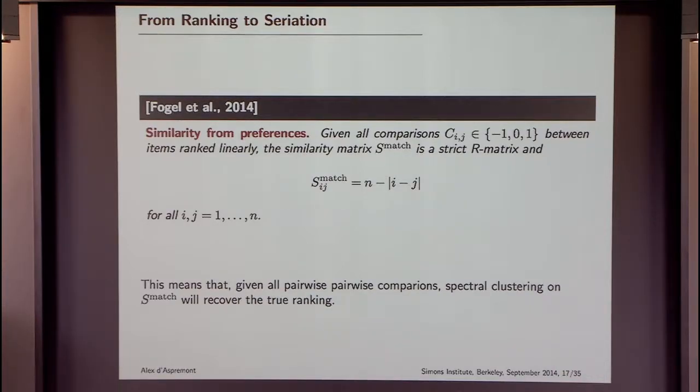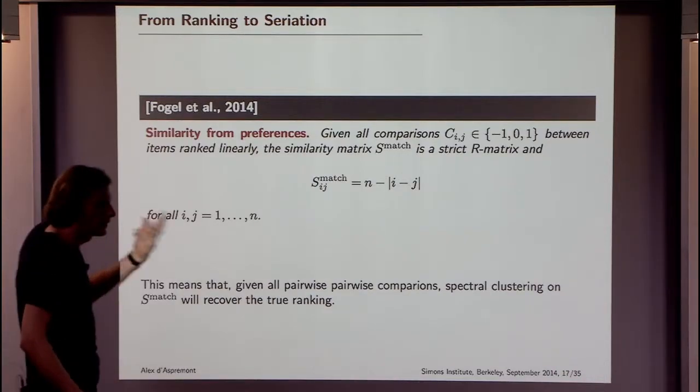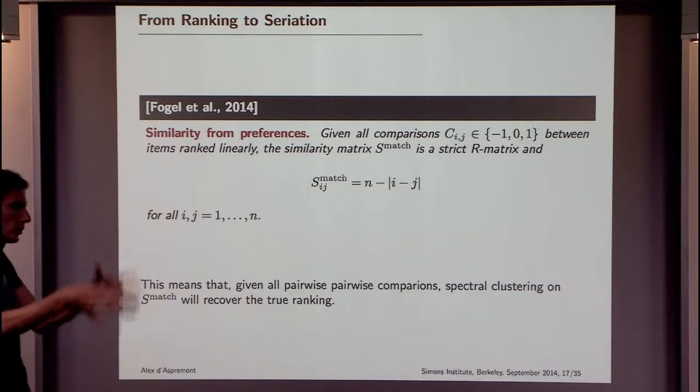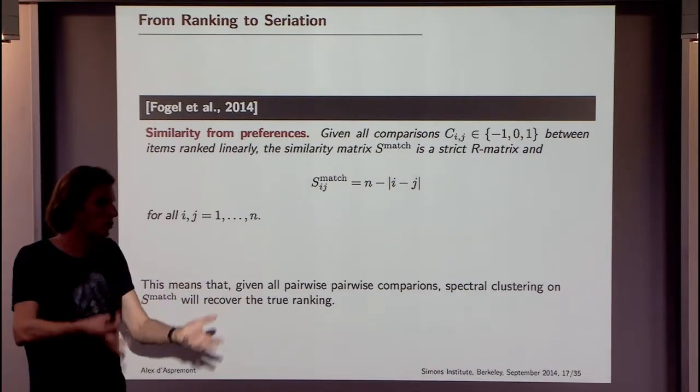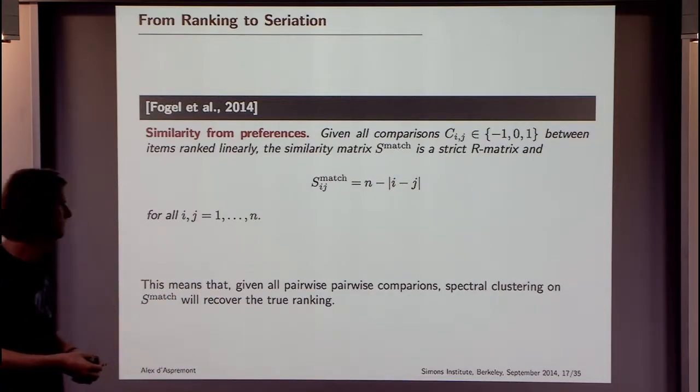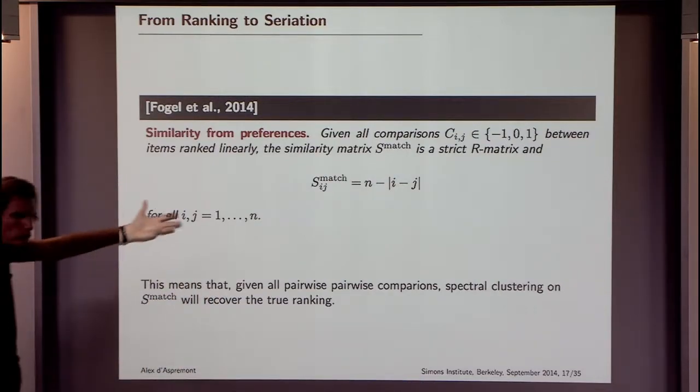In other words, that's one way of deriving a very simple spectral method for ranking from pairwise preferences. You take the preferences, construct a similarity matrix, and reorder the similarity matrix using spectral clustering. That's it. And of course, that's one way to do it.